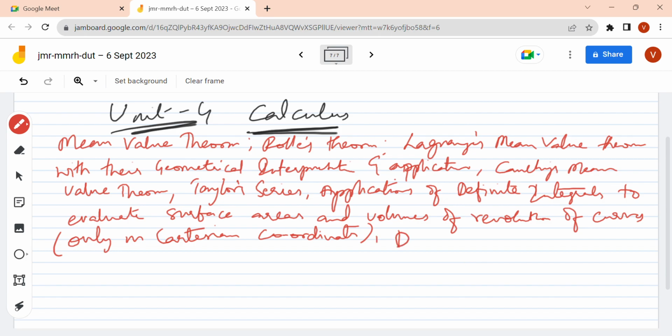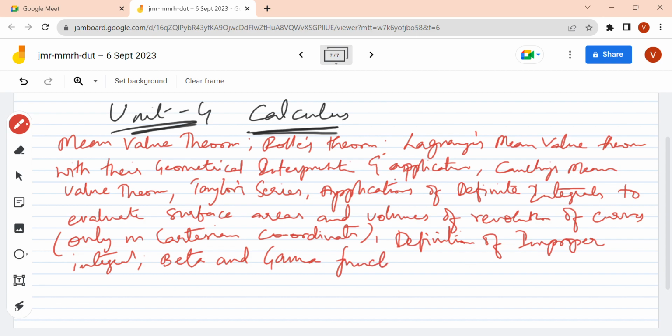Definition of improper integral, then beta and gamma functions and their applications.